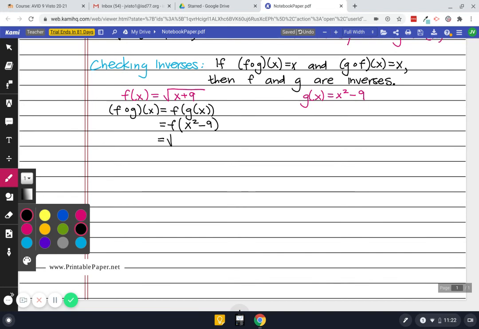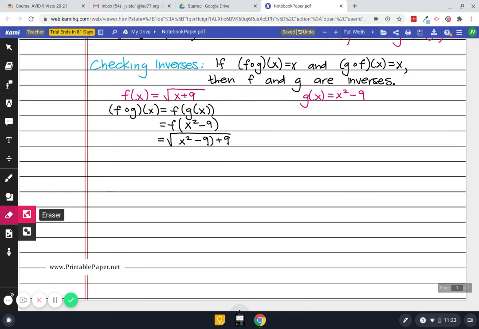So wherever there was an x in the f function, I'm putting parentheses. And inside those parentheses, x squared minus 9 goes. There's no distributive property necessary, so it can essentially probably just drop those parentheses. But the 9's cancel. I get the square root of x squared, and that just gives me x.